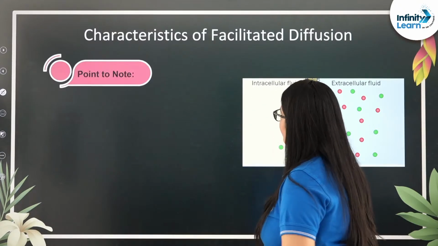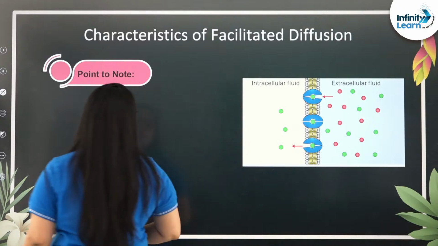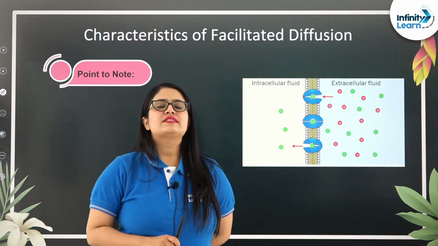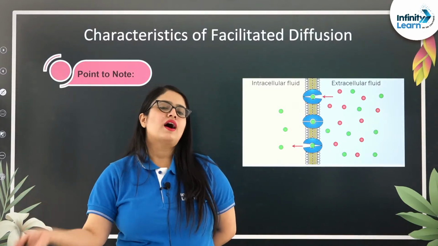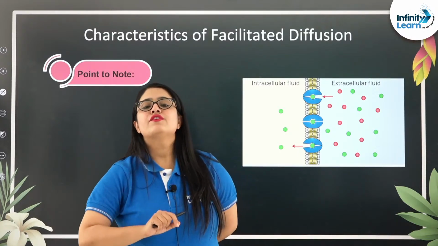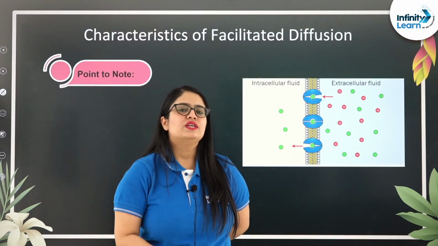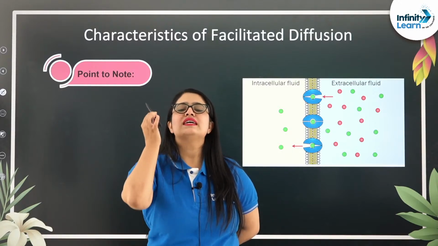Next, students, something important to note is that during facilitated diffusion there is transport of substances from their higher to their lower concentration. Although facilitated diffusion is aided by membrane proteins, the presence of a concentration gradient is a must.